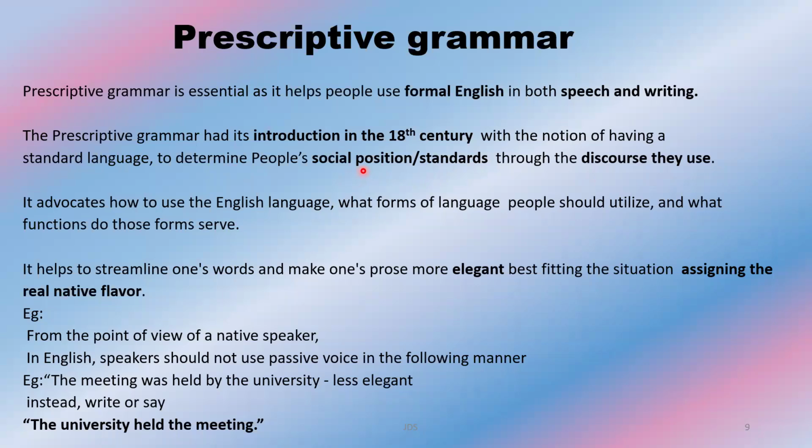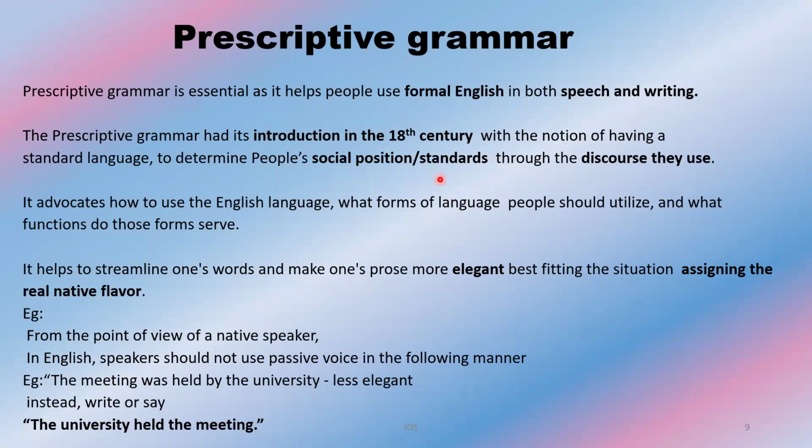They were considered to be in a better social class than that of the others who could not use formal English in both speaking and writing. Right? So in other words, prescriptive grammar functioned as a tool to bring about social class divisions.